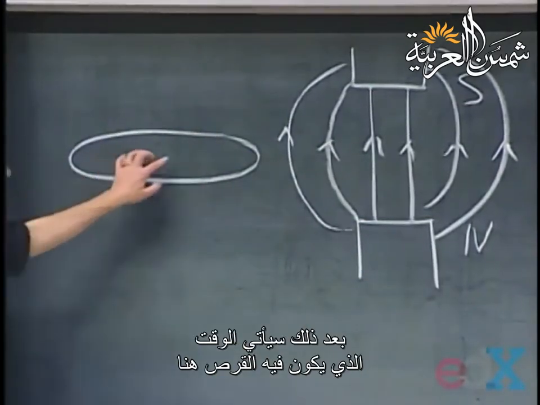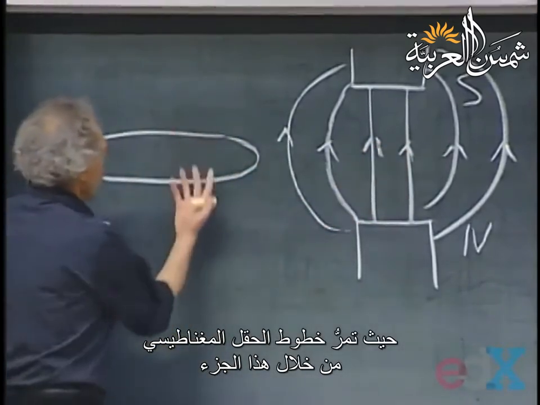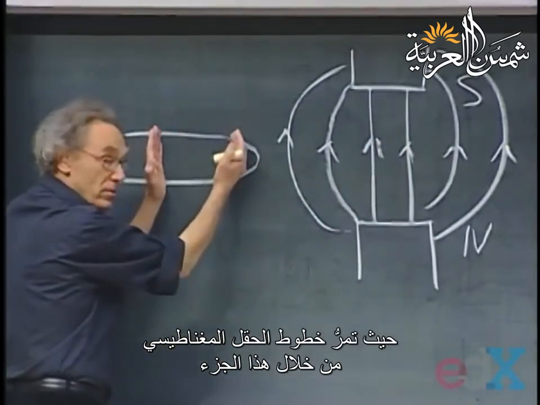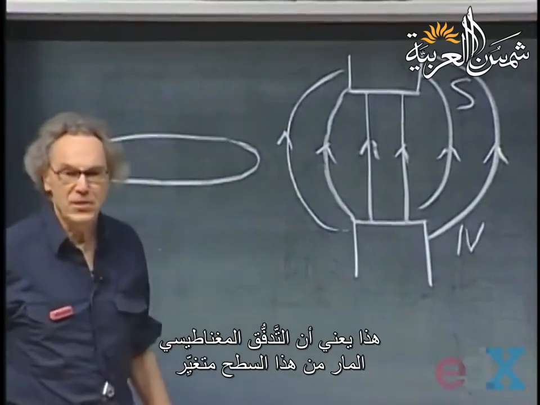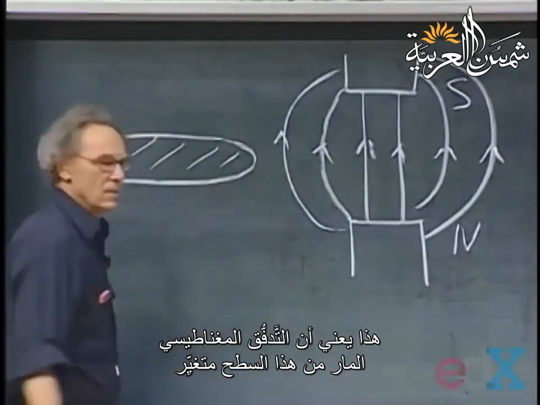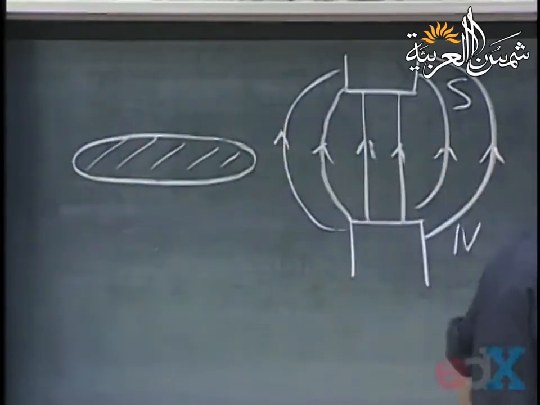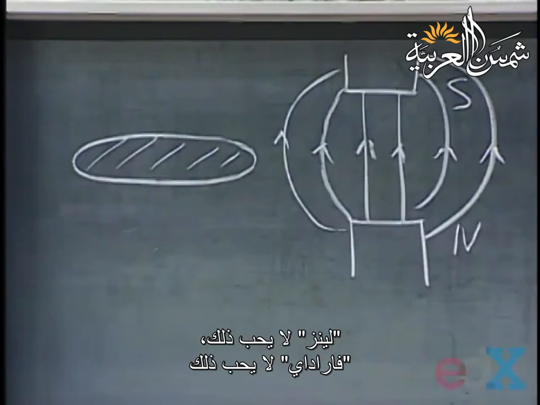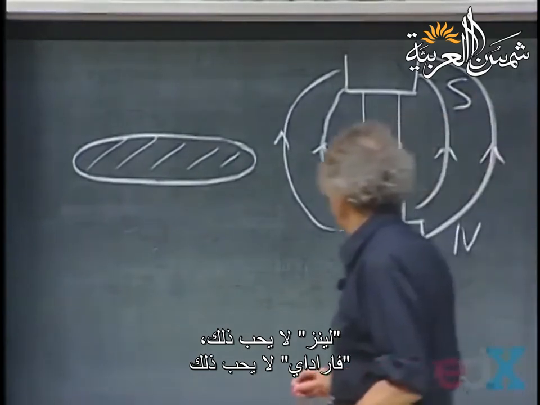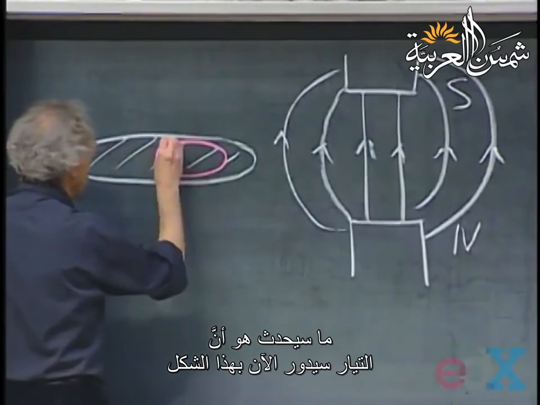Then there comes a time when this disk is here, that magnetic field lines go through this portion. That means the magnetic flux through this surface is changing. Lenz doesn't like that. Faraday doesn't like that. And so what's going to happen, a current is going to go around now like this.